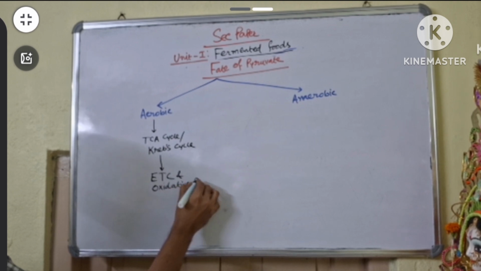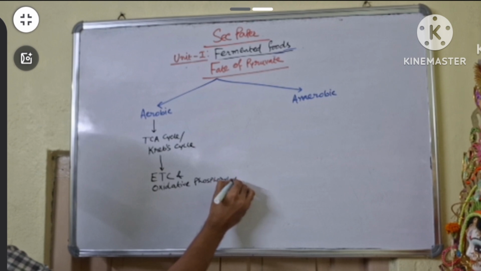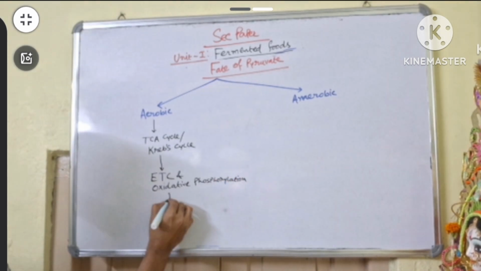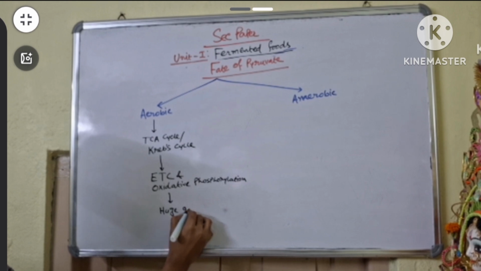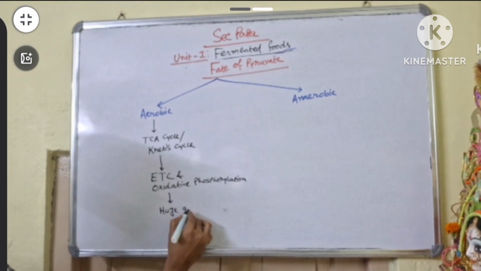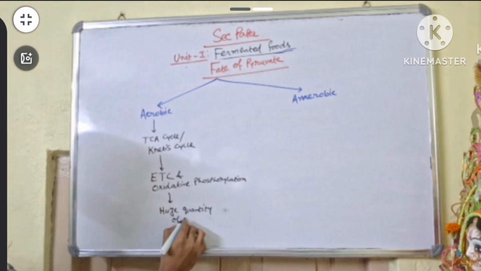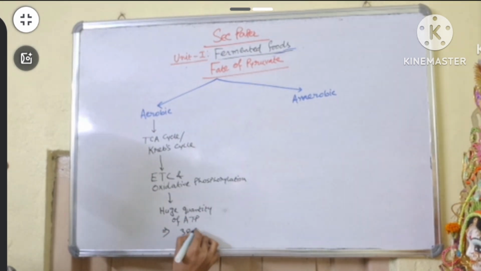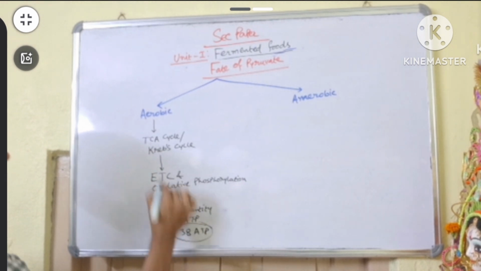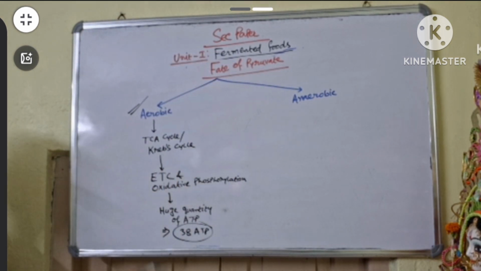Oxidative phosphorylation occurs to make a huge quantity of ATP, and the amount is 38 molecules of ATP if pyruvate enters the aerobic pathway. The aerobic pathway needs much lengthier steps.